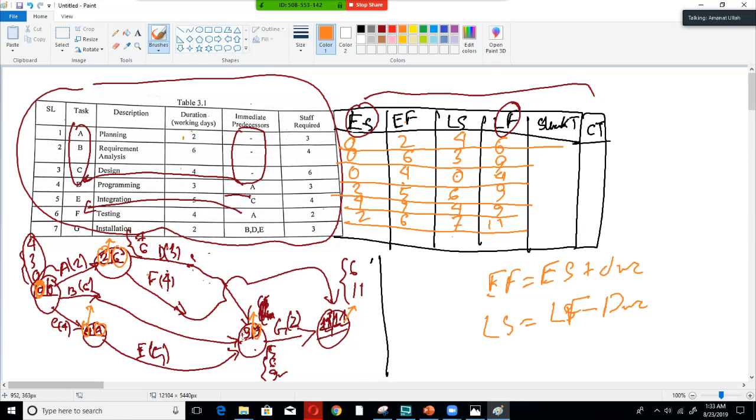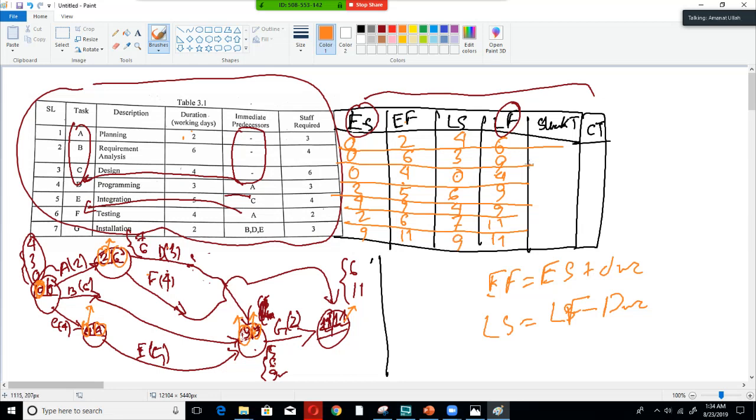Finally, for state G, the EF will be this 9 over here, so 9, and the LS will be 11, and the duration is 2, so 9 plus 2, 11, and 11 minus 2, this is 9.